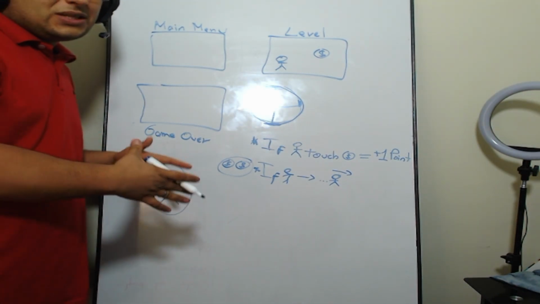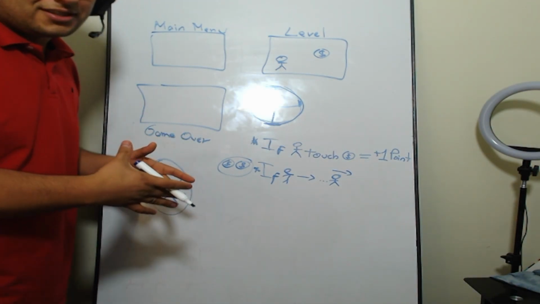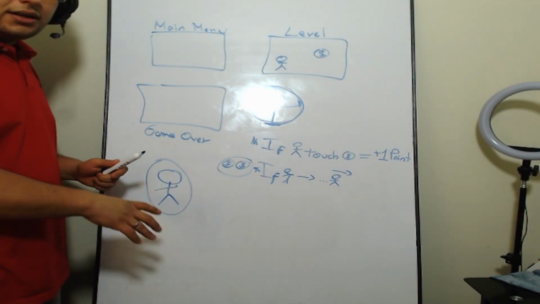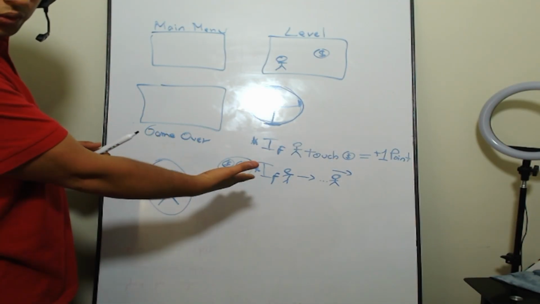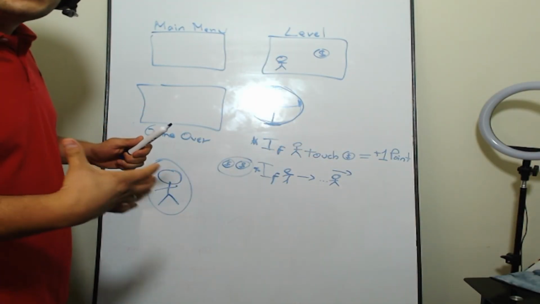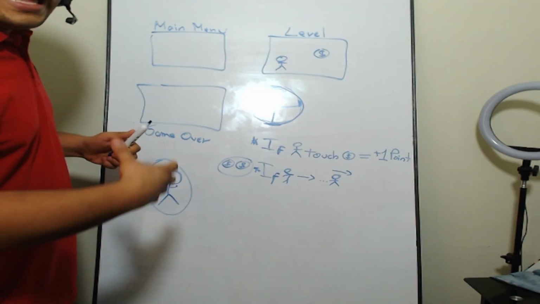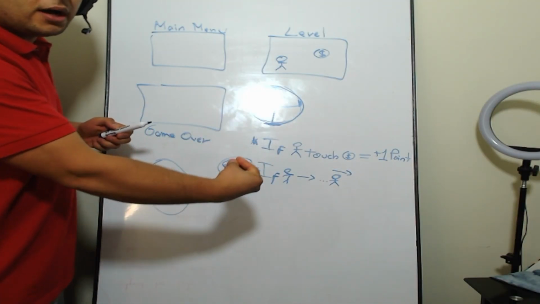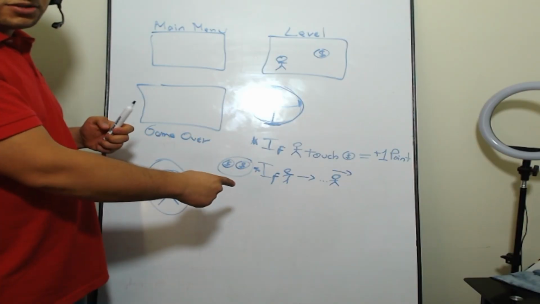So that is what we call conditions, or rules. In GDevelop, games run using events, rules made of conditions, just like we saw here, and this is when something happens, okay? And the actions are what the game does in response to those conditions, okay?